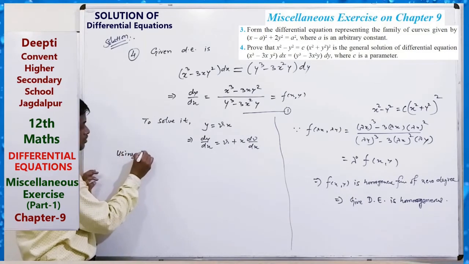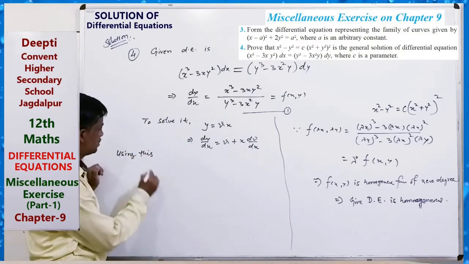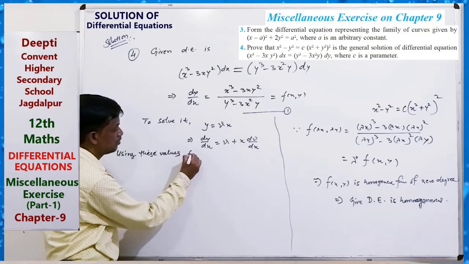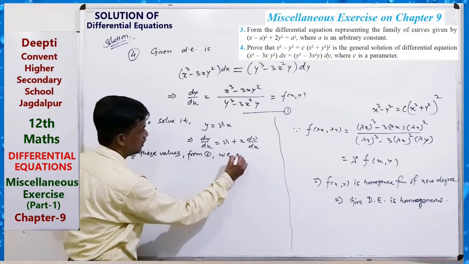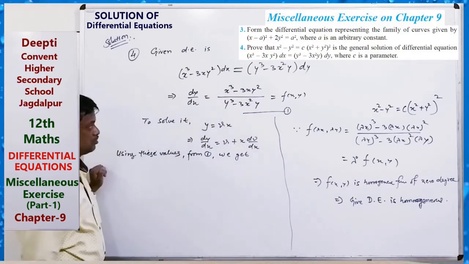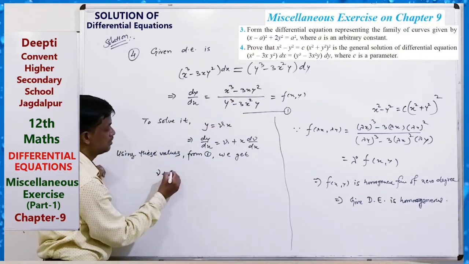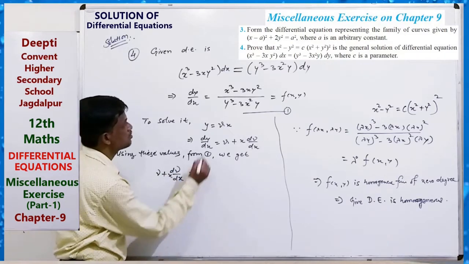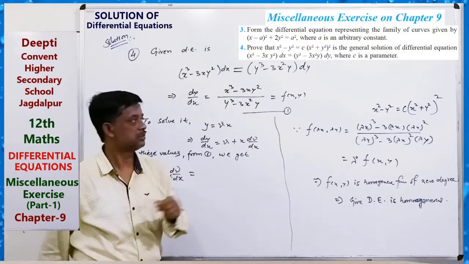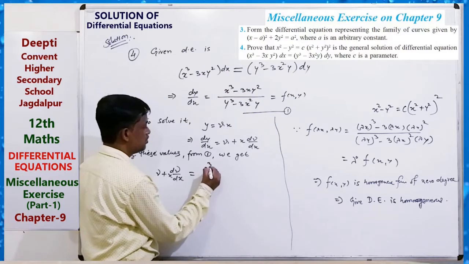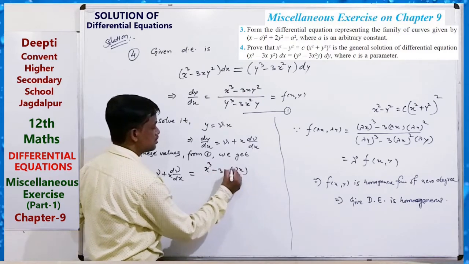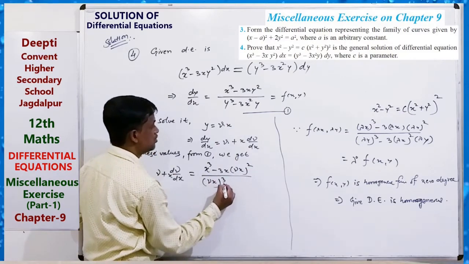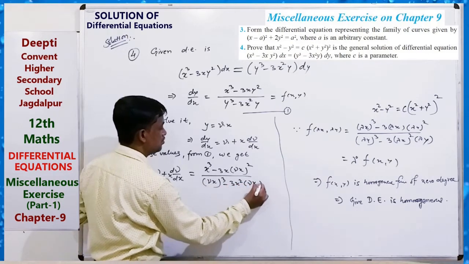Using these values from 1, we get, using this equation, dy by dx equal to this, v plus x dv by dx, equals to, here y equal to vx, so x cube minus 3x square... upon vx cube minus 3x square, minus bx.